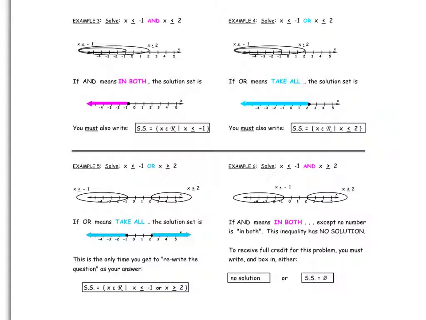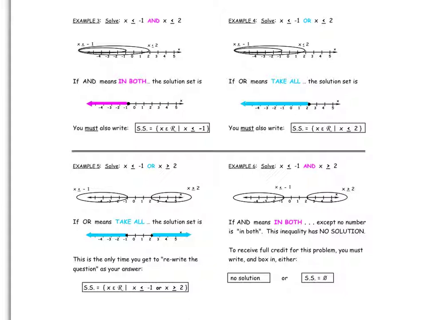When you work with compound inequalities, whether it's "and" or "or", one thing you can do is use the number line and make a little Venn diagram on the number line, and then use what you know about "and" being in both and "or" being take all, and shade the appropriate sections of the number line. But you absolutely must summarize your findings by writing a solution set in set builder notation.